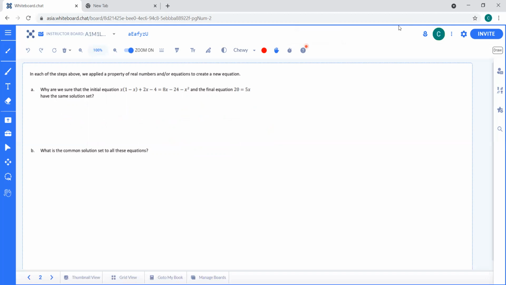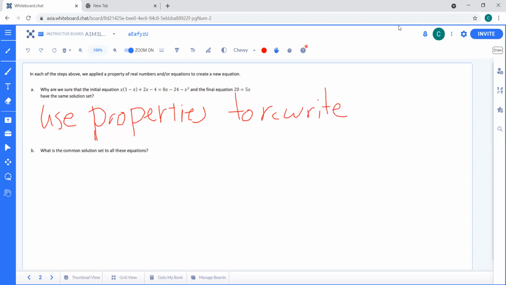Because what they would say is we used properties to rewrite the equation. And we know if we do it to both sides, we're fine.